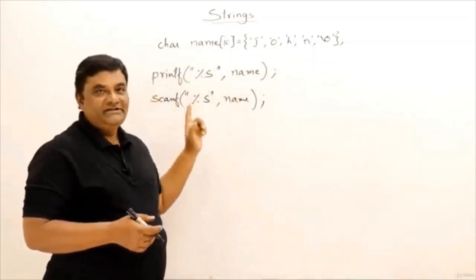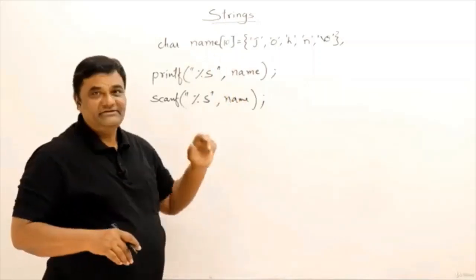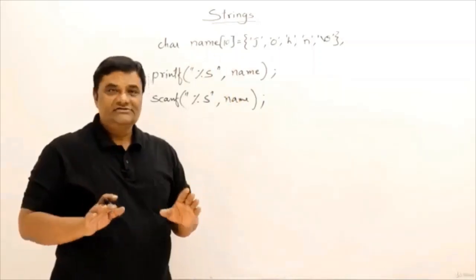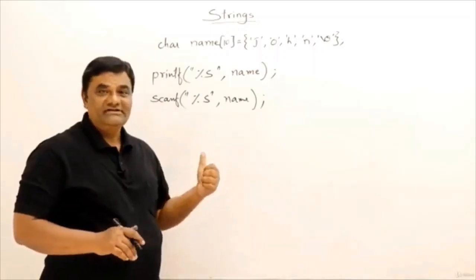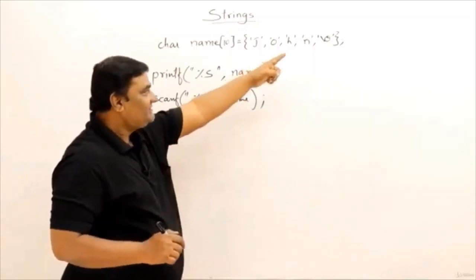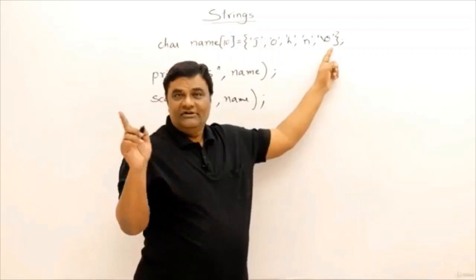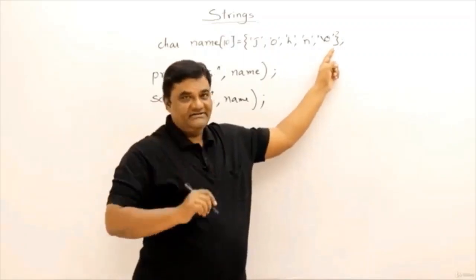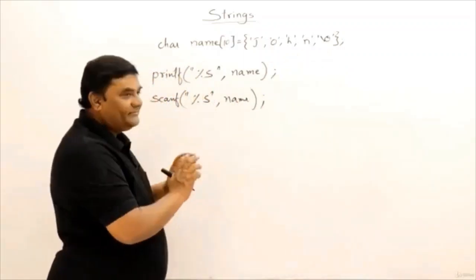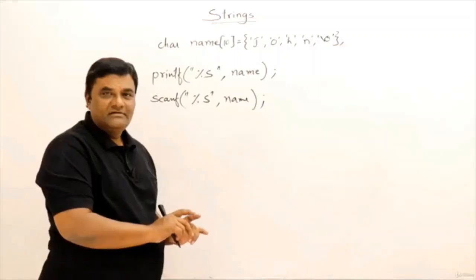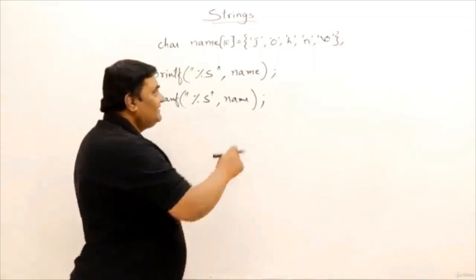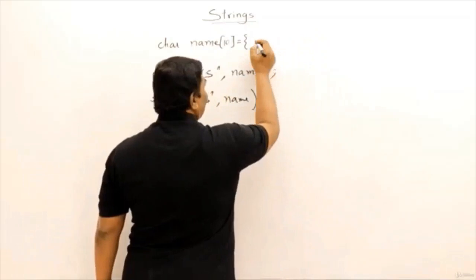So printf and scanf both are dependent on that \0. All the library functions of C language that are meant for strings are dependent on \0, that is the null character. They work upon a string till they find \0. So this is scanf. If you type something from the keyboard, like if you're typing David, then David will be stored here like this.